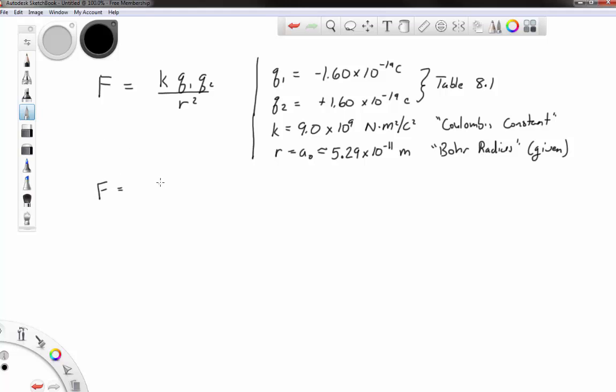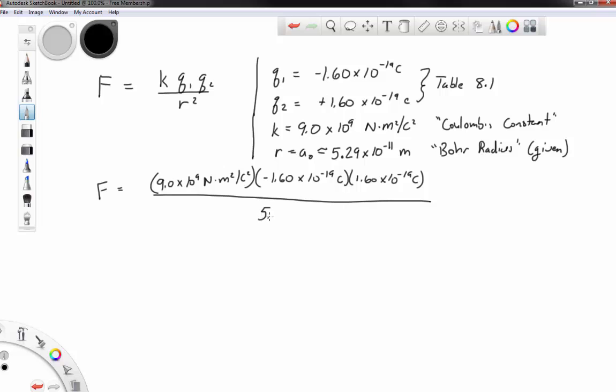So this force is going to look like 9.0 times 10 to the 9th Newton meters squared per Coulomb squared, multiplied by minus 1.60 times 10 to the minus 19 coulombs times plus 1.60 times 10 to the minus 19 coulombs, divided by 5.29 times 10 to the negative 11 meters, squared.